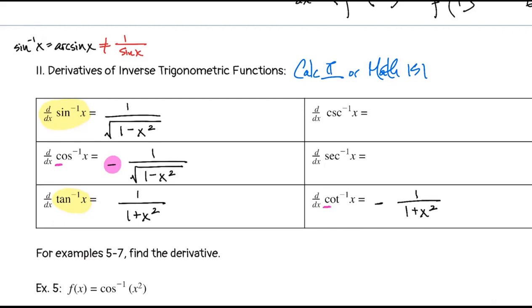So the inverse sine and the inverse tangent, you see a bunch. And if you know inverse sine, you know inverse cosine. And if you know inverse tangent, you know inverse cotangent. The last two you do not see as often, but they do come up every once in a while.